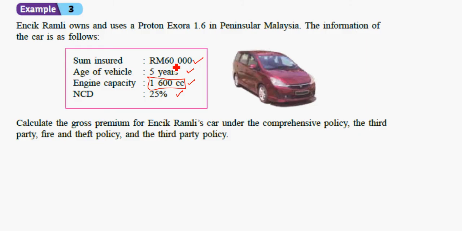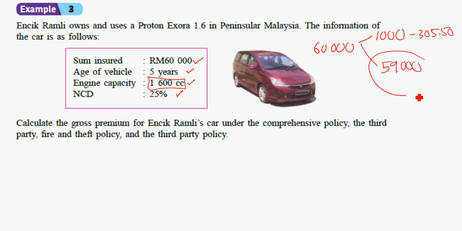So for 60,000 ringgit, for the first 1,000 ringgit, the price is 305 ringgit 50 cent, while for the balance, 60,000 minus 1,000 is 59,000, right? For the 59,000, you must add 26 ringgit for every 1,000.